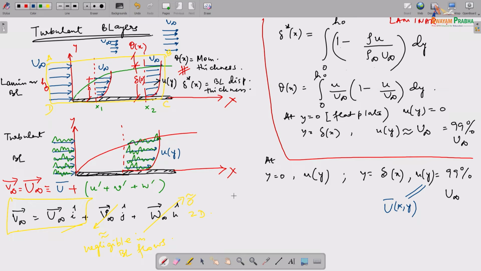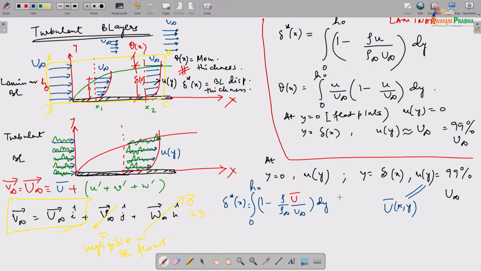The displacement thickness delta star, again the integral from 0 to h of 1 minus rho by rho infinity, and all we have here is u mean by u infinity dy. That is the difference between the laminar and the turbulent case.